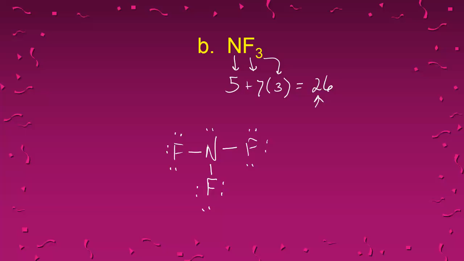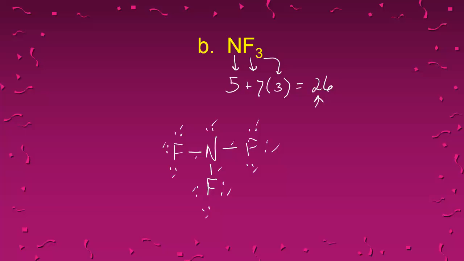2, 4, 6, 8, 10, 12, 14, 16, 18, 20, 22, 24, 26. The lines are 2. That's why we started counting at 8.